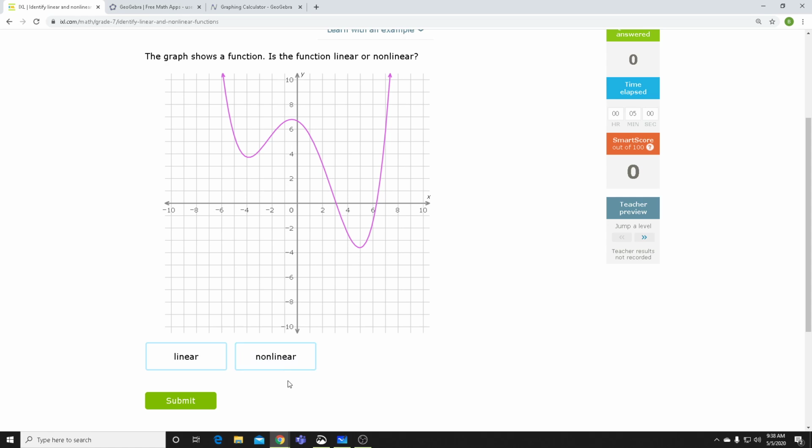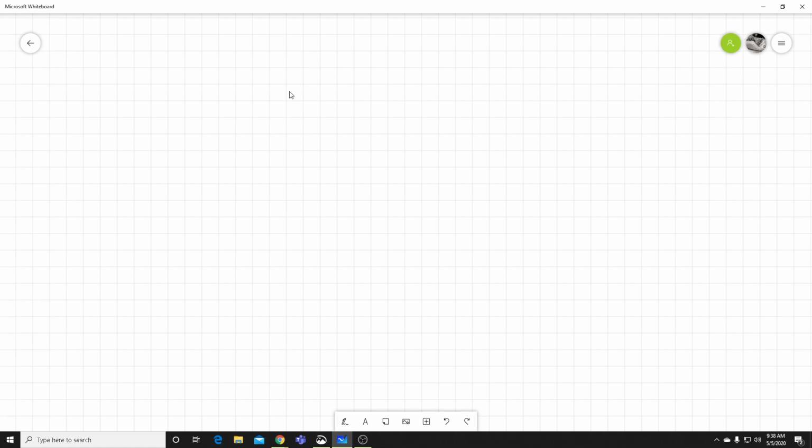But for now, what you need to know is that a function is when you have some sort of input, and with each input, there's an output. There's only one output, though. Okay? So there's only one output that goes with it.